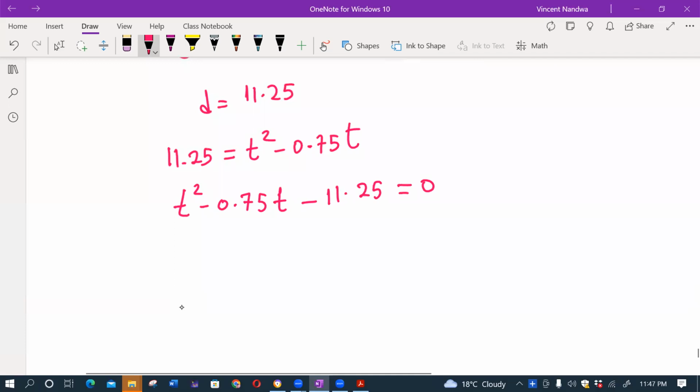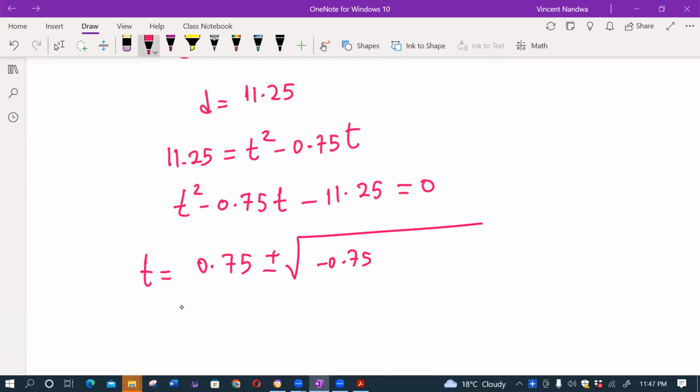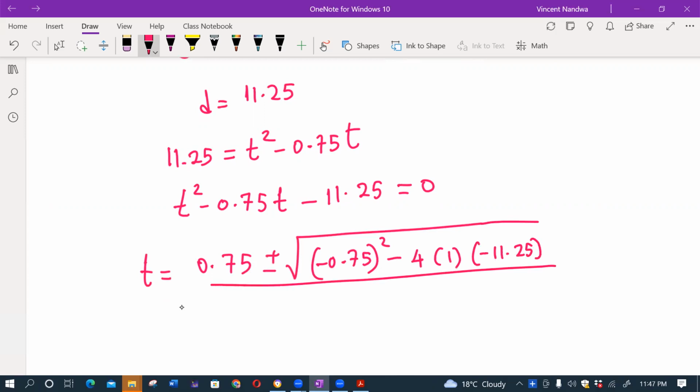Then, using the quadratic formula, t will be 0.75 plus or minus the square root of minus 0.75 squared minus 4 times 1 times minus 11.25, divided by 2 times 1.